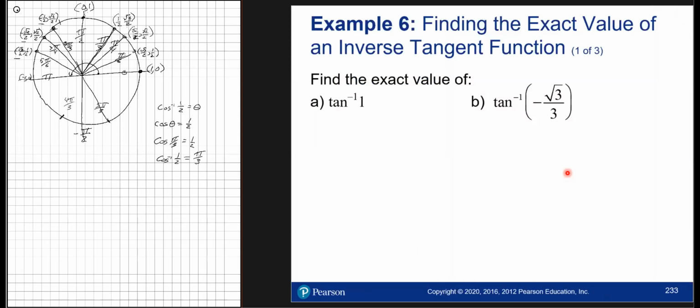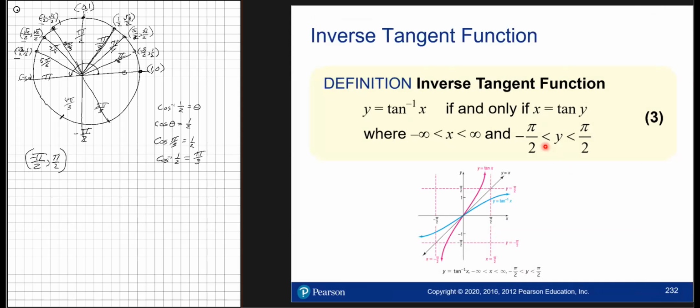I'm going to look at that interval from negative pi over 2 to pi over 2, but it's an open interval now because they did not include the equal sign.